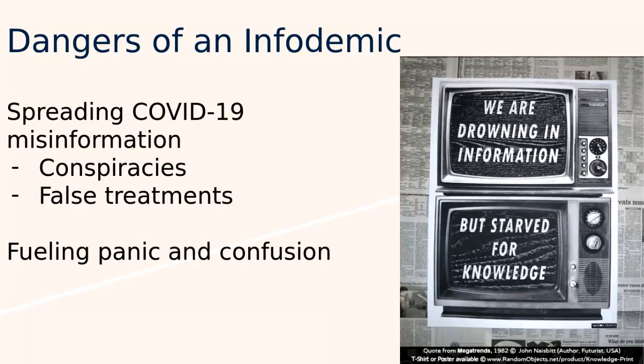something that we have to really look at and improve. A reason why we need to improve our digital literacy skills. I like this image. We're drowning in information, but we're starved for knowledge.